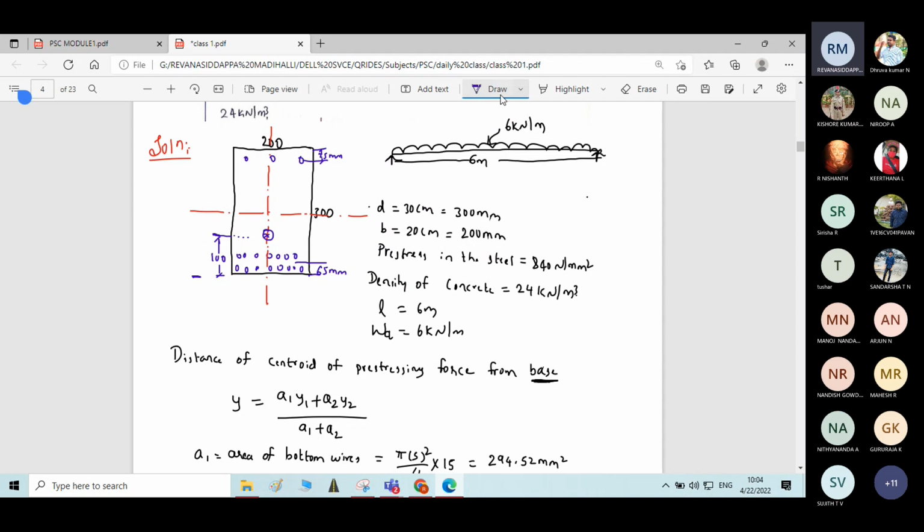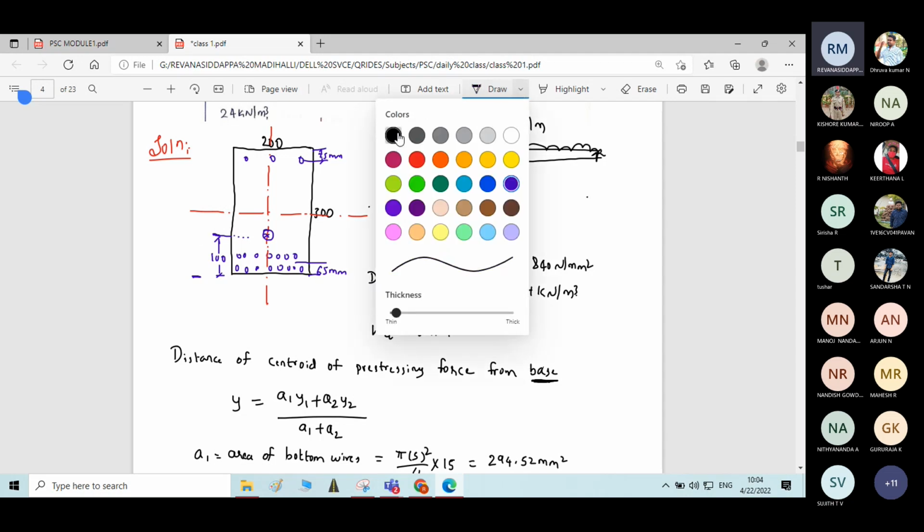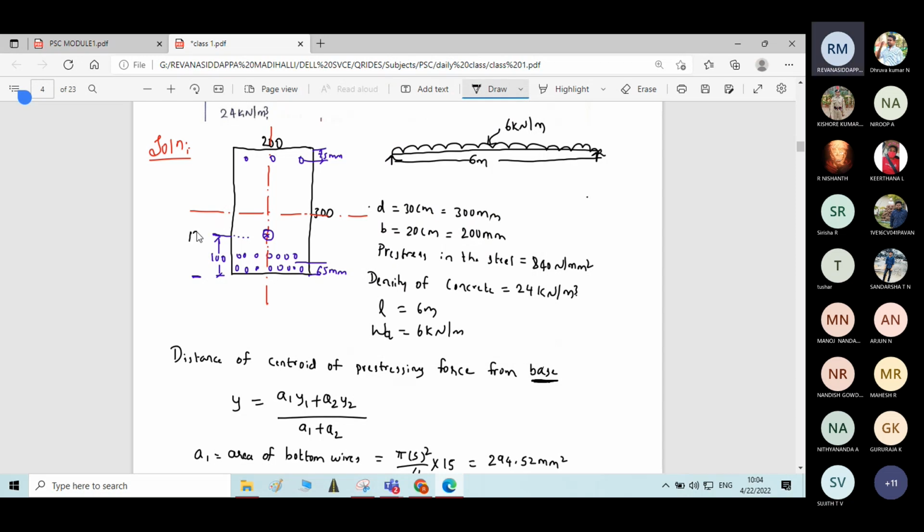And what about the distance of the centroidal axis from the base? It is 150, correct? Total depth divided by 2. So using both these data, you can calculate the eccentricity of the prestressing force, which is nothing but the distance of the resultant of the prestressing force from the neutral axis or centroidal axis.